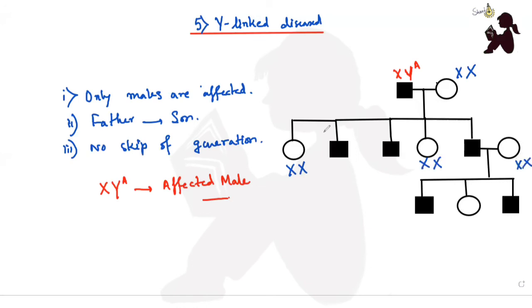And all of the sons of the affected father will have the Y-linked disease. So here the genotype will be XYA. And when this diseased male is married to a female, in the third generation, his son will also be affected with the Y-linked disease.